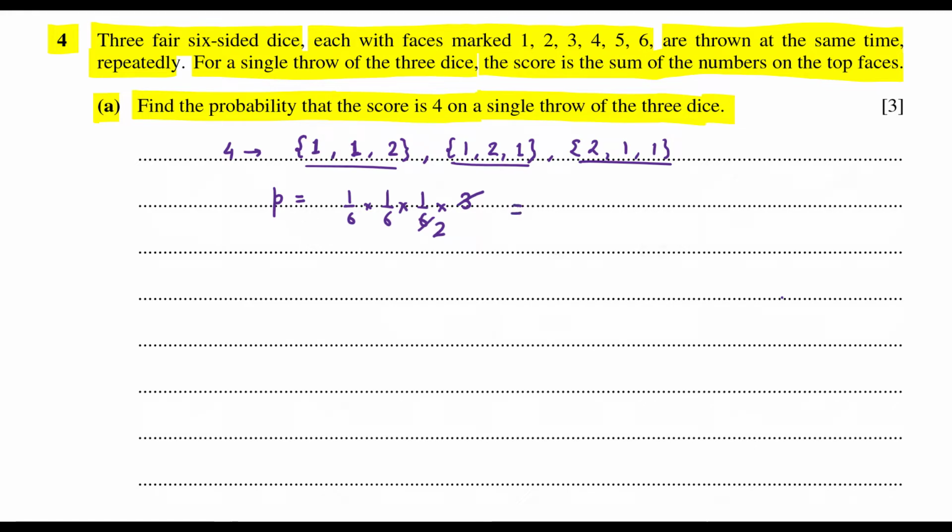So our answer is 1 over 72. Either we can leave our answer in this form or we can calculate its decimal equivalent, which is 0.01388 and so on. To 3 significant figures it is 0.0139. So that's the probability.